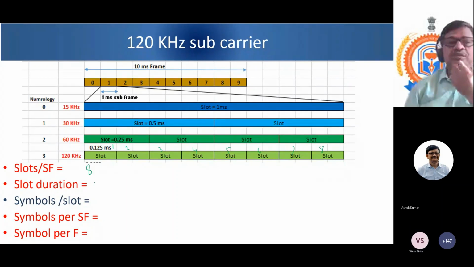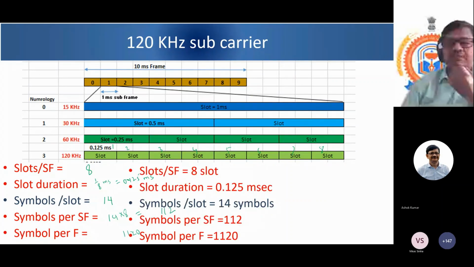So slot duration will become 1 by 8 millisecond, that means 0.125 millisecond. How many symbols per slot? Always 14. So how many symbols per subframe? 14 into 8, that is 112. And per frame will be 1120.